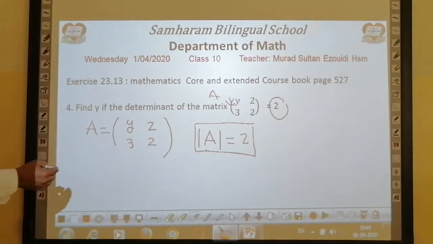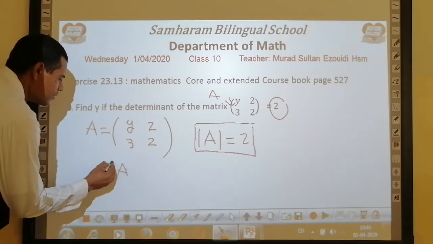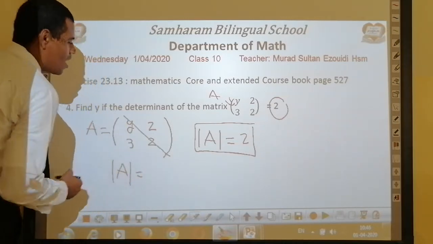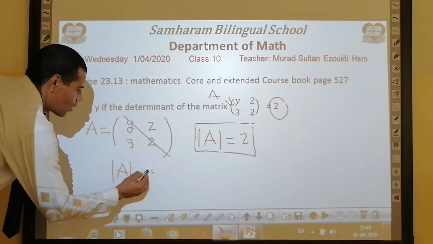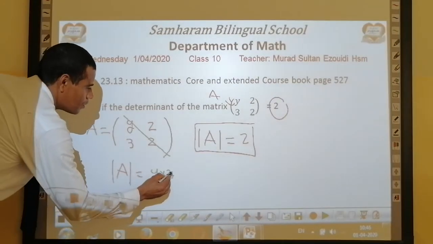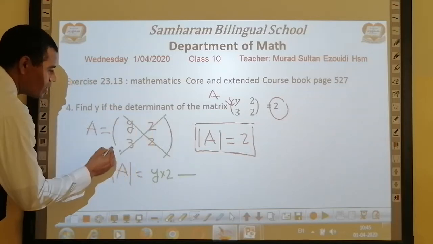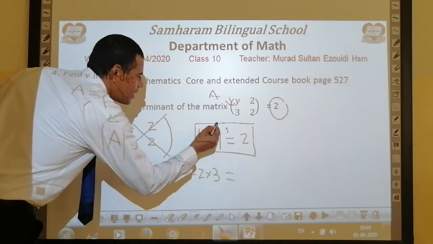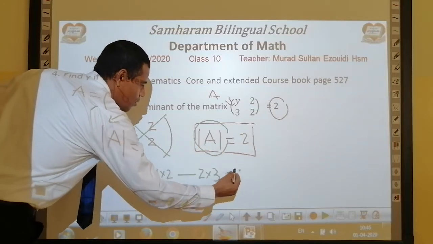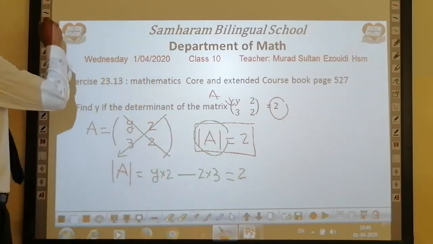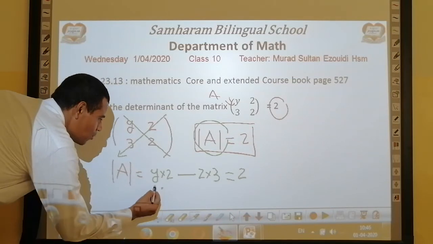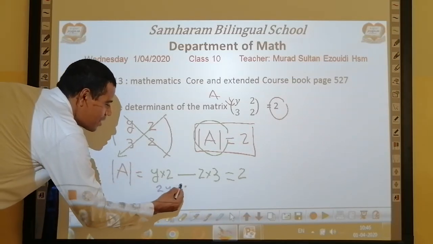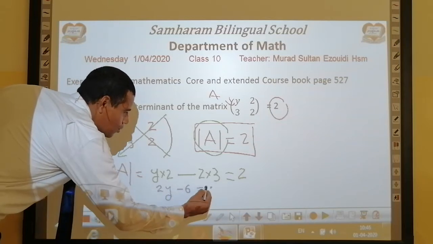Now we calculate the determinant. The determinant of A equals what, my kids? It equals y multiplied by 2 minus 2 multiplied by 3, which should be equal to 2. Look, y multiplied by 2 is 2y, minus 2 multiplied by 3 is minus 6, equals 2.